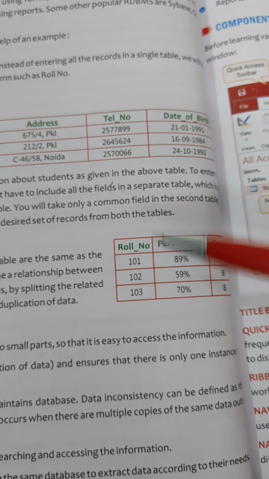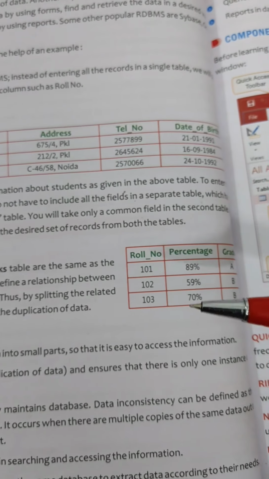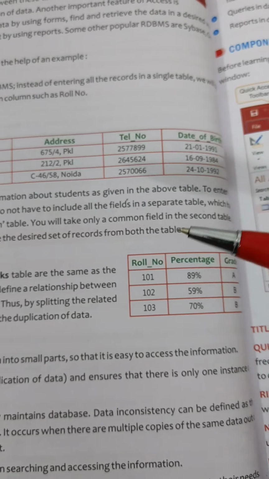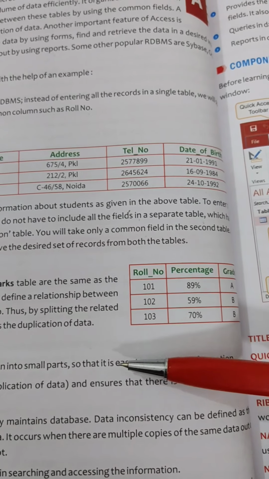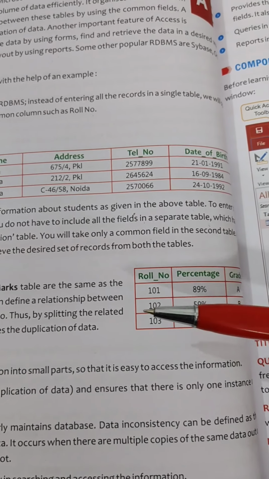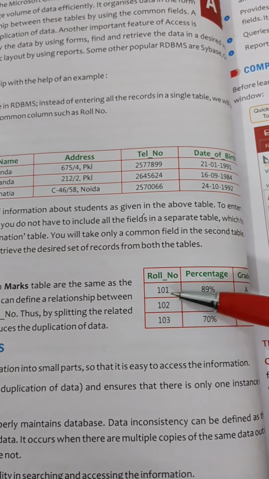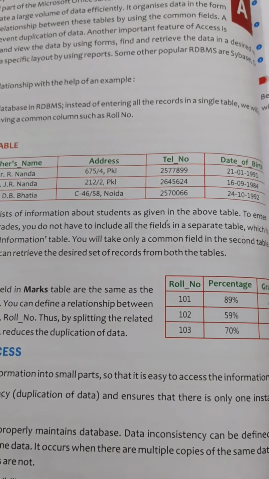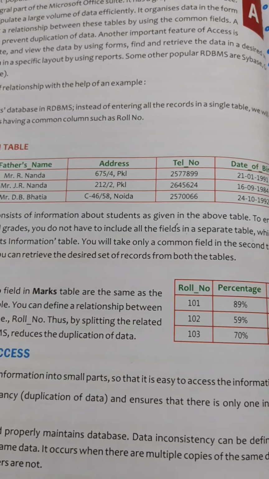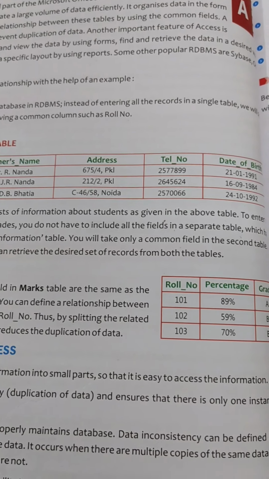So we can define the relationship between both tables using this common field, that is roll number. And hence we split the related information into two different tables, and it reduces the duplication of data. So chances of duplication reduce in RDBMS, that is Relational Database Management System.